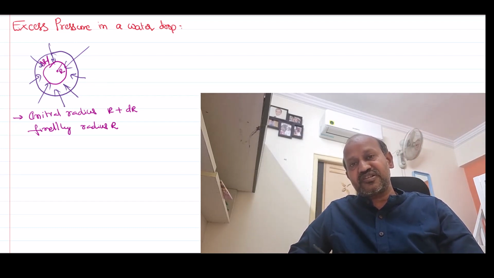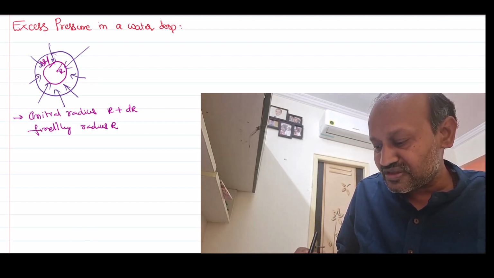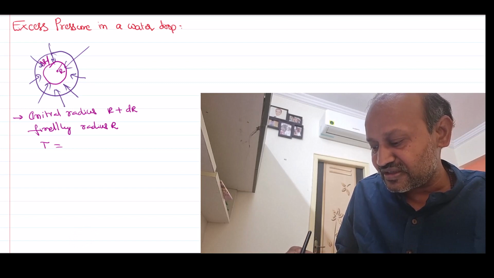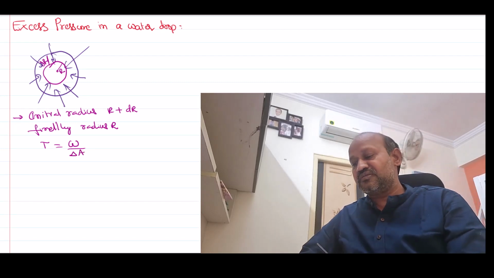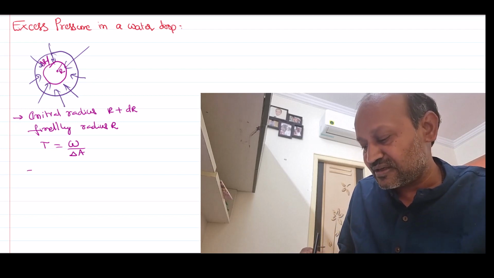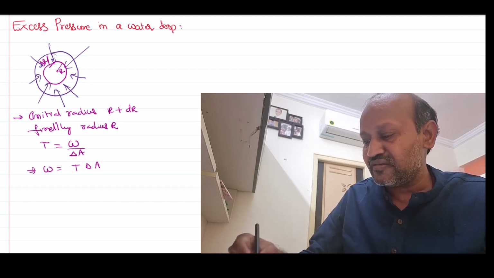Further, surface tension needs to do some work. How much is that work done? Based on the definition of surface tension, it is defined as the work done in changing the unit surface area of the liquid. That means work done is equal to surface tension into delta A. What is the area of this spherical body?